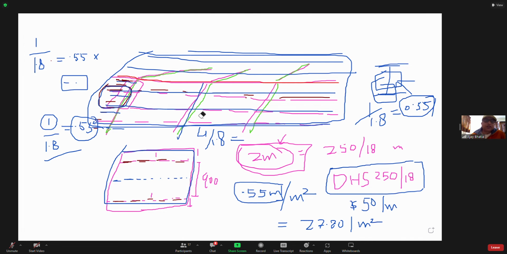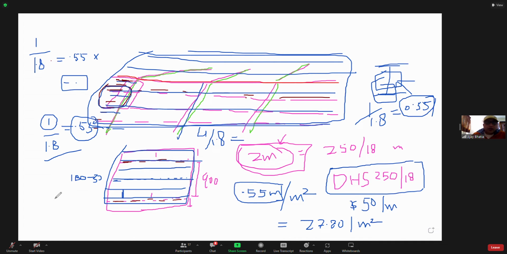So what happens in weatherboard? The weatherboard is happening continuously. You have got the effective exposure: if your weatherboard is 180, you minus 32 from that, and you get the effective exposure of the weatherboard.